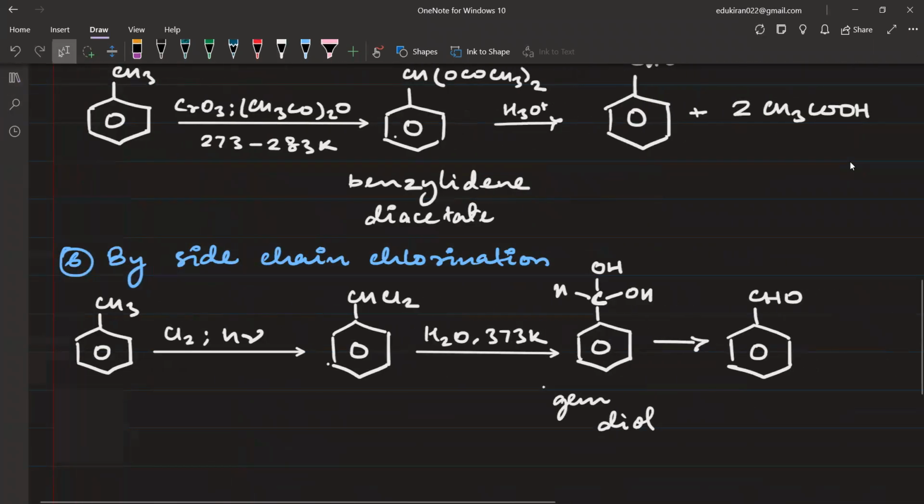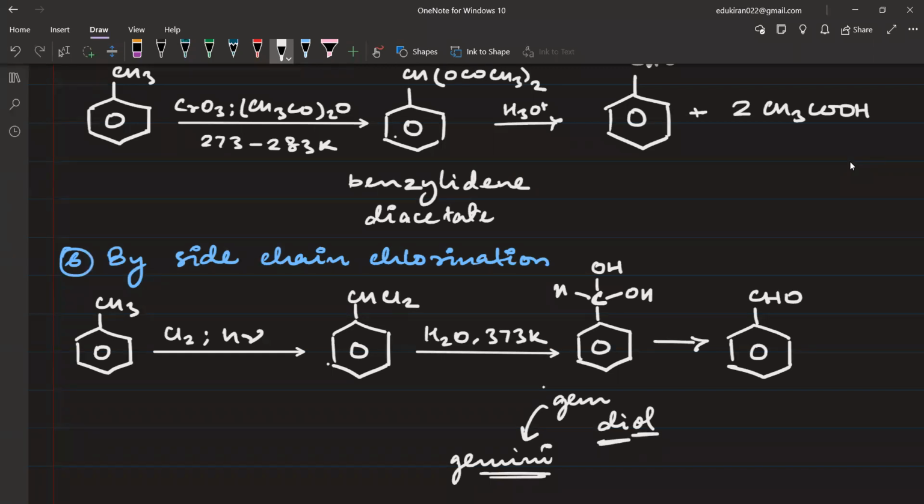Gem diol means you have a carbon atom which has two OH groups attached to it. The root word is Gemini, the sun sign. Gemini is like twins, so you have two OH kind of twins, and di means two, ol means OH, in the same carbon atom.